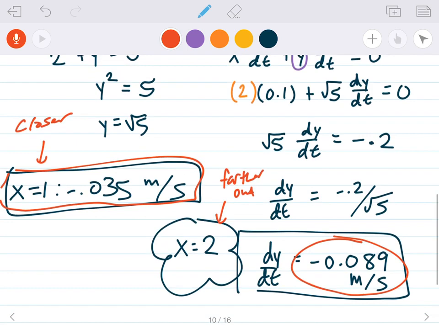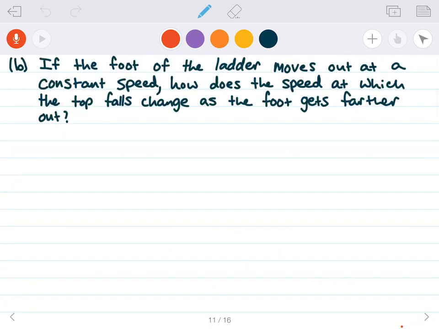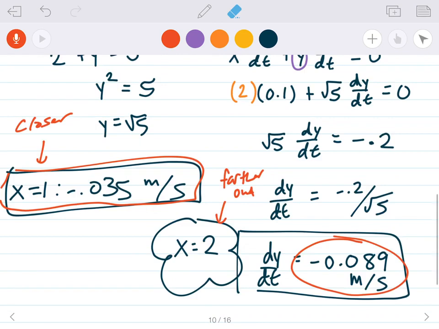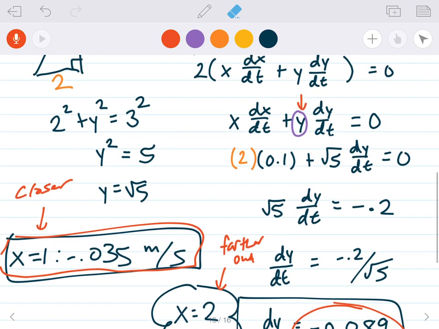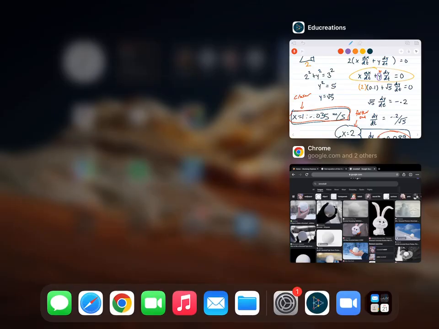So the answer is that the farther... we can look at the actual formula. Actually, let's do that. So what did we have? Let's go back to this part before we plugged in numbers. So we have x dx/dt plus y dy/dt equals 0.